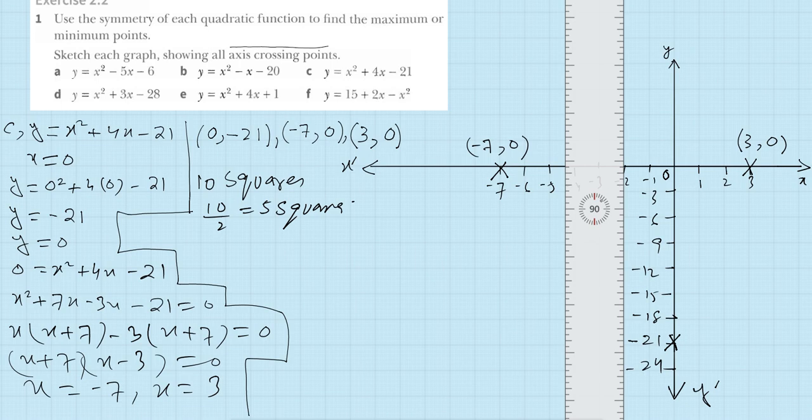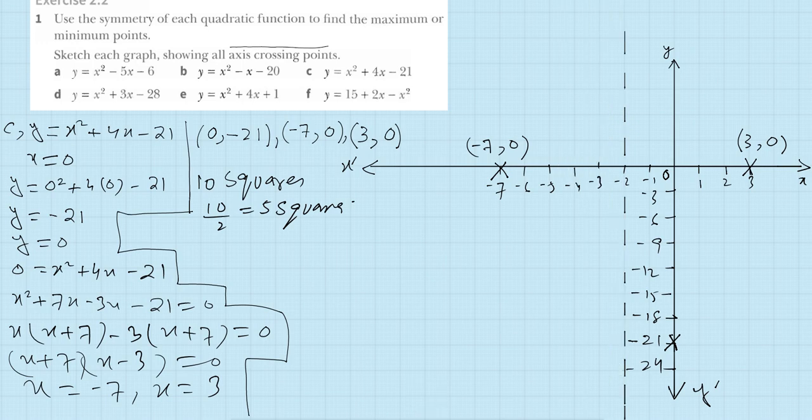The line passes through x is equals to minus 2. This is our line of symmetry. So put this value x is equals to minus 2 in y is equals to x square plus 4x minus 21.